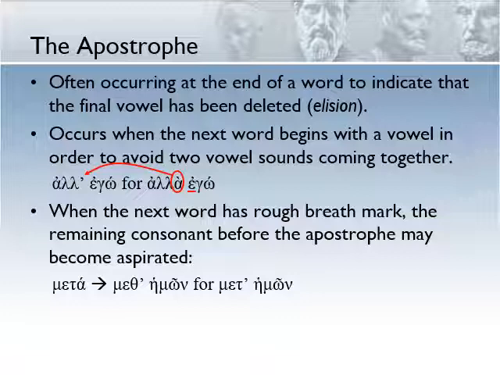What do we mean by aspirated? Aspirated means it has breath mixed with it. So the tau in meta gets aspirated. What's an aspirated tau? Well, it's a dental stop. T, t. Now mix breath with the t sound and it comes out as th, like an English th.